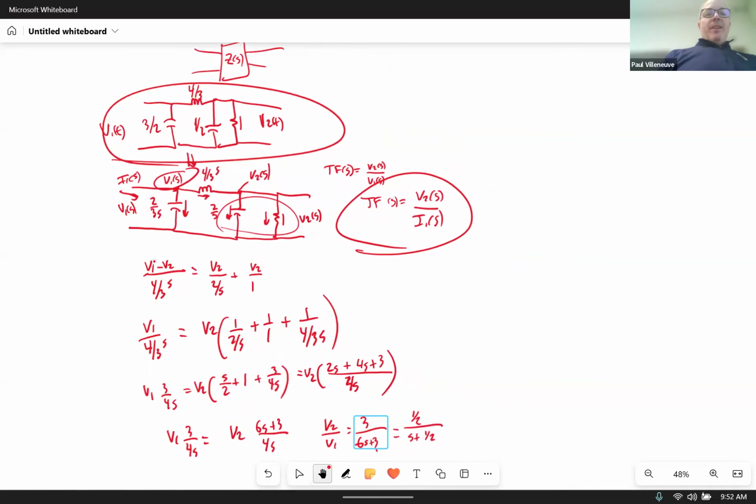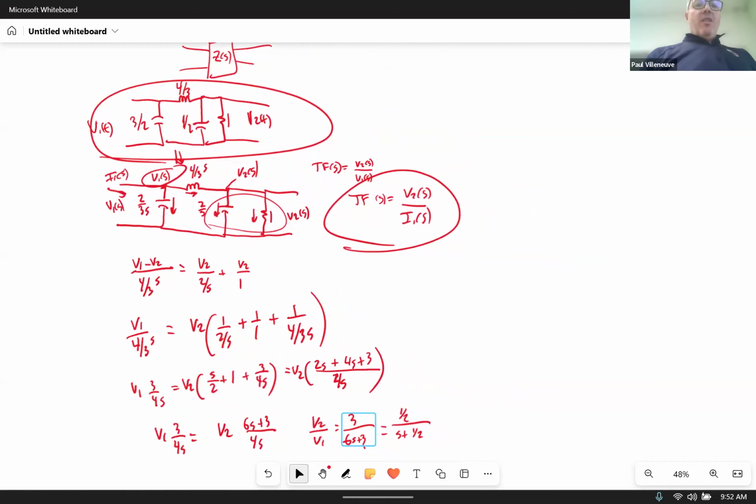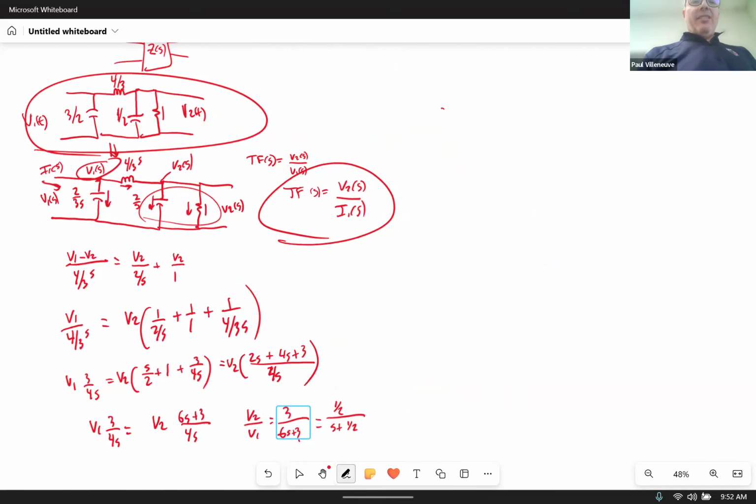So let's go back and redraw our circuit, but it's the same exact circuit. This is 2/3 S, 4/3 S. I'll put the S up here so there's no confusion. 2/S.